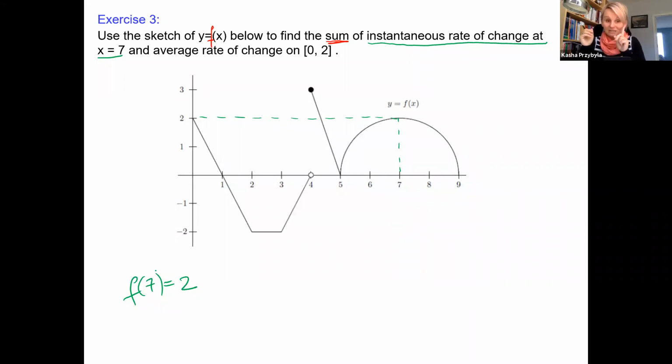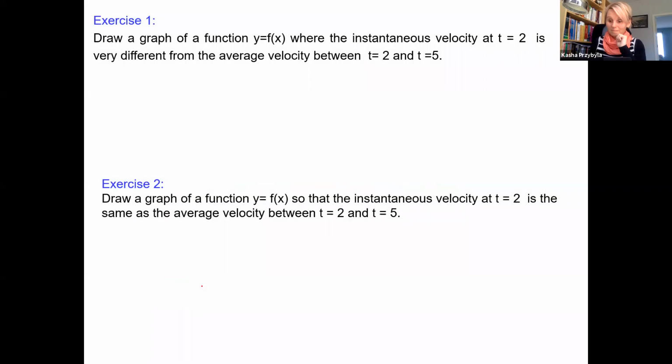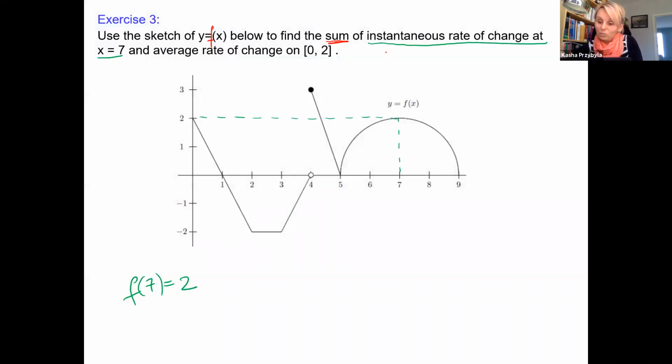Because do you remember instantaneous rate of change? Shall I come back? Instantaneous rate of change, or instantaneous velocity, is exactly the same thing as the slope of the tangent line. That means I will write for you, and that's important: slope of tangent at that point.